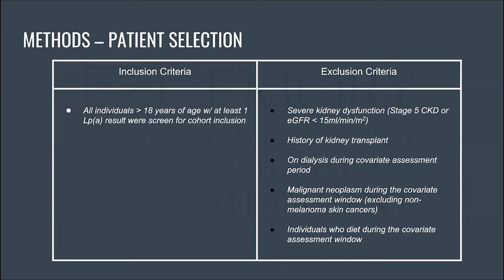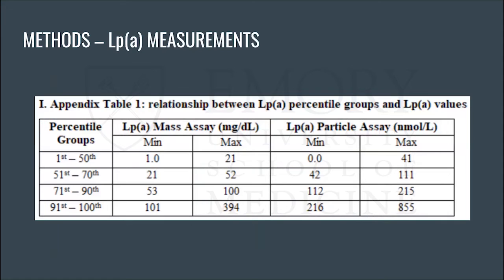Essentially, the covariate assessment period was 12 months before the level was obtained or 30 days after the level was obtained. In addition, if they had a malignant neoplasm during that study window, excluding non-melanoma skin cancers, they were excluded. And there's a typo here, I apologize: individuals who died during the covariate assessment window were excluded as well.